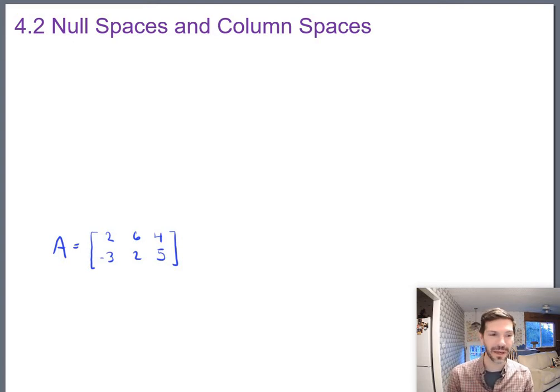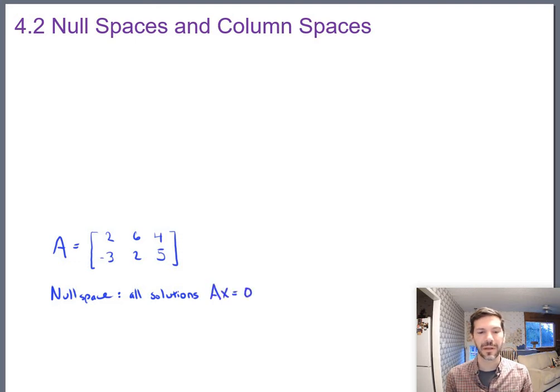Here's my little example matrix A. The null space is any vector that's a solution to Ax equals 0.